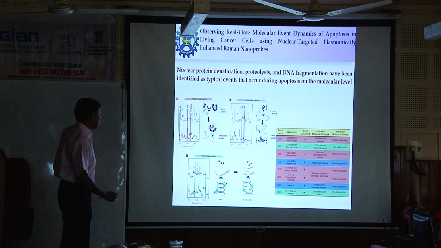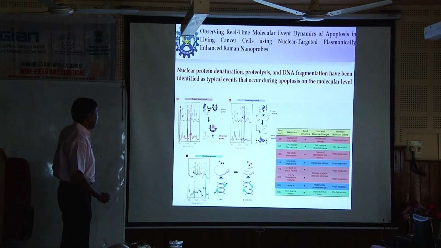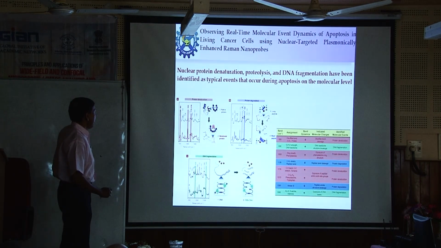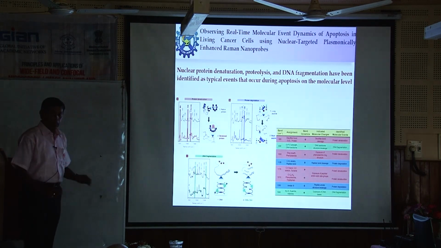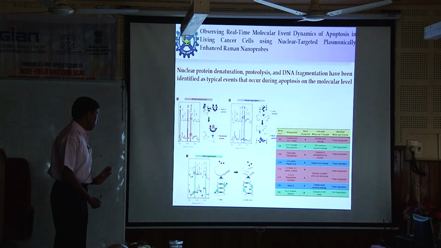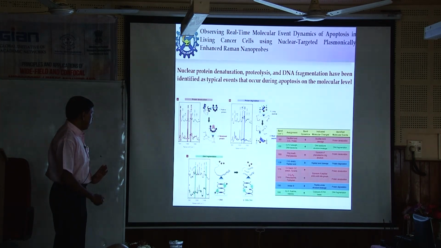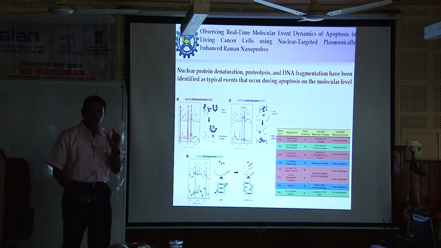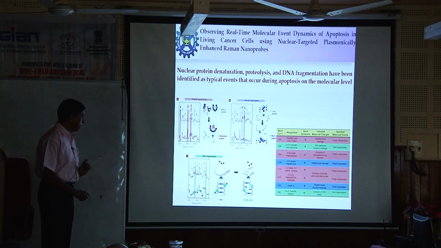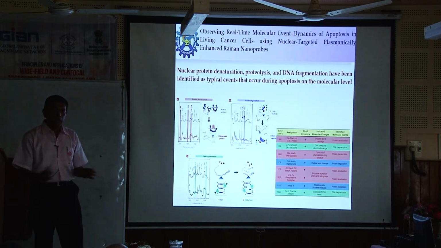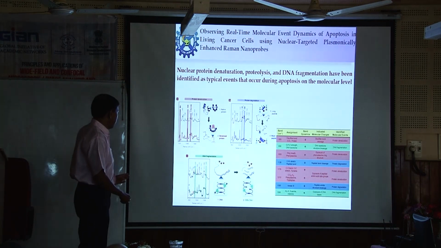When it is in the denatured stage, you may find its intensity reflected. It is the DNA fragmentation stage in apoptosis. Here the DNA phosphodiester linkage is around 830 cm⁻¹, which is reflected here. When it is fragmented, this band disappears, that is here.